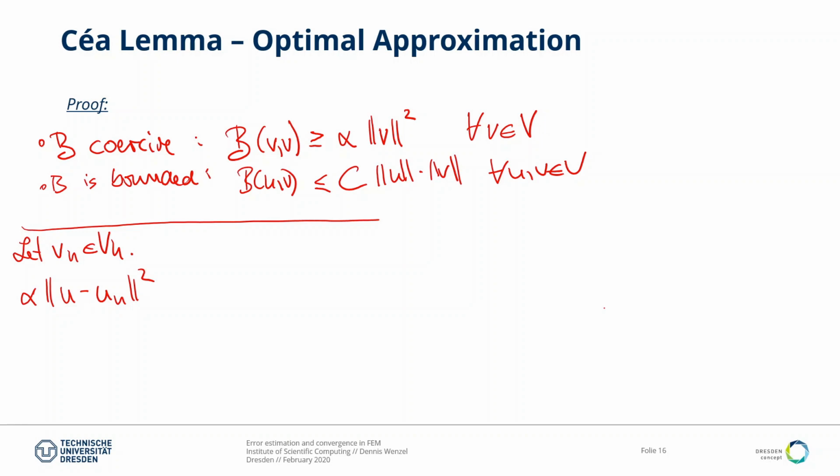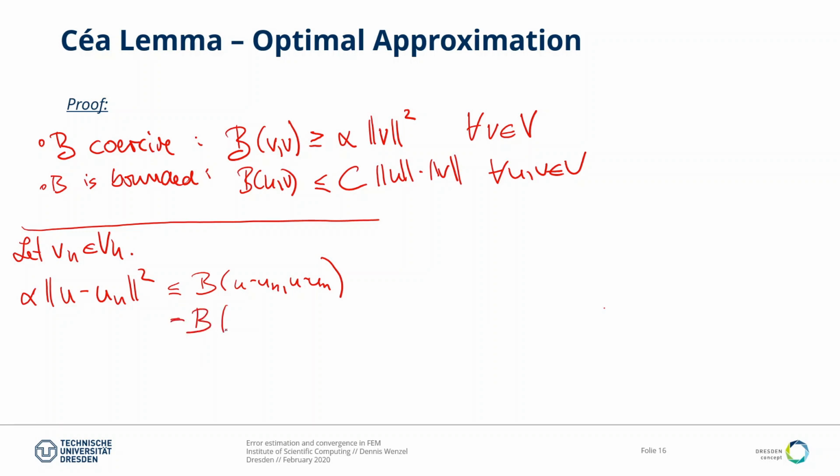So the coercivity is true, and I can simply write down that this is less or equal B of u minus UH and u minus UH again. Okay, so that's coercivity. And then we are doing a typical trick for mathematicians. I'm adding a 0.